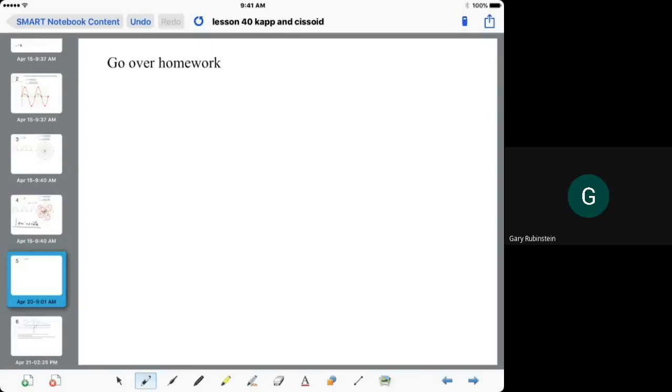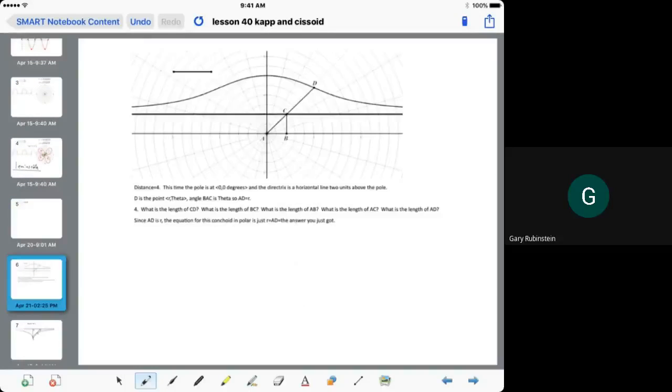Now, the last topic in this unit is to look at unusual curves and how we might be able to find the equation of them. And I'm going to show you, hold on, I need to switch the window.